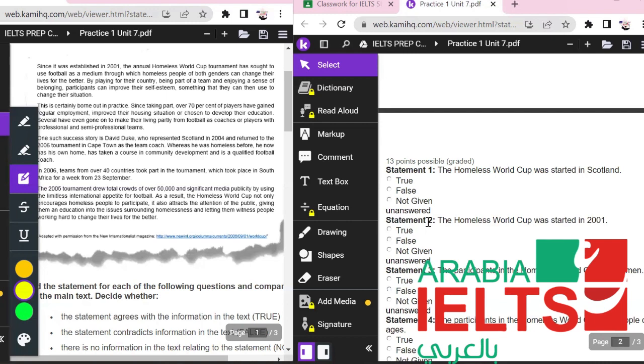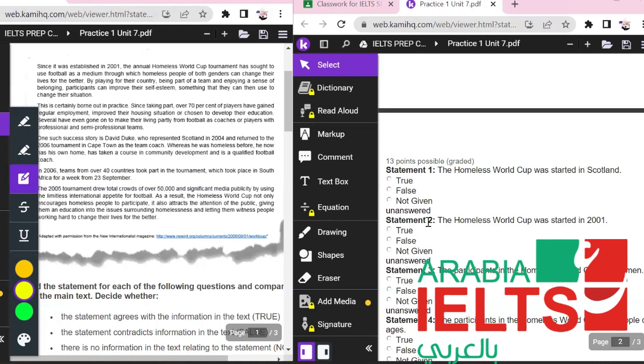They're the same, started and established. I think yes, true. So started and established are the same in meaning. So the answer for this one is true. The only trick they did right here is to somehow trick you with the verb.